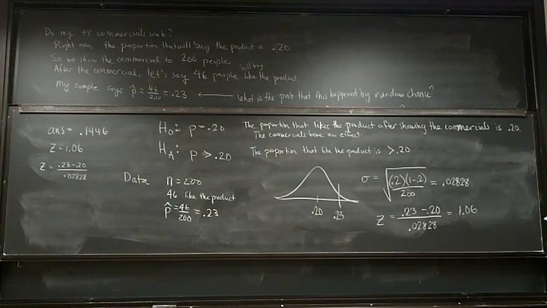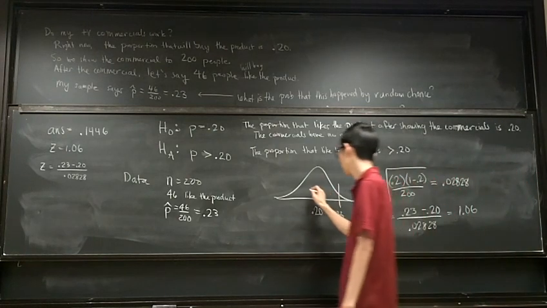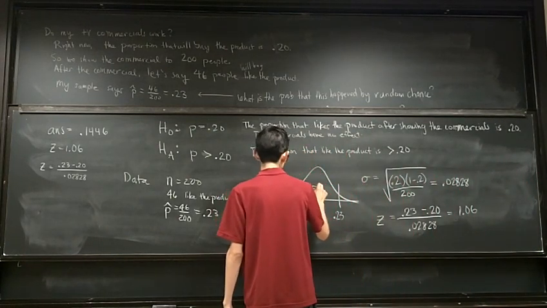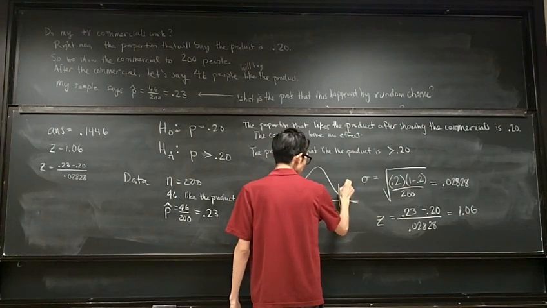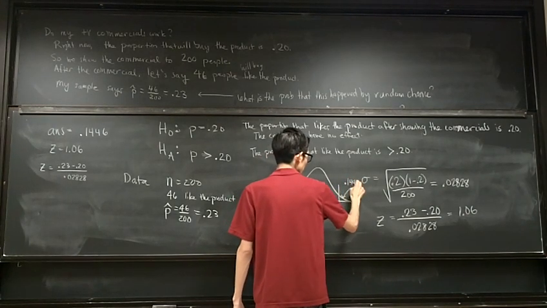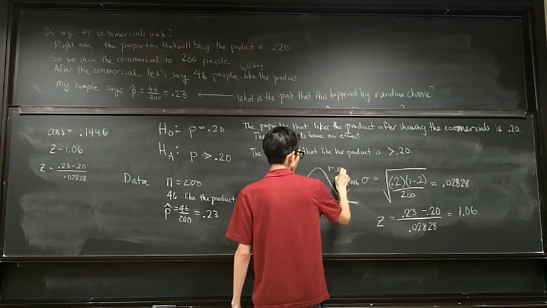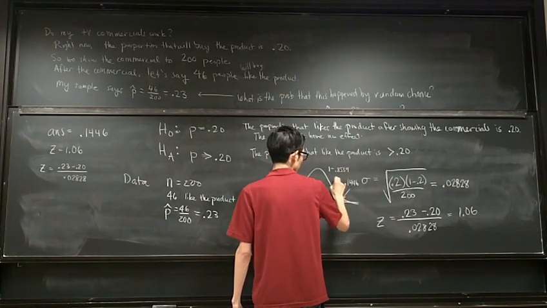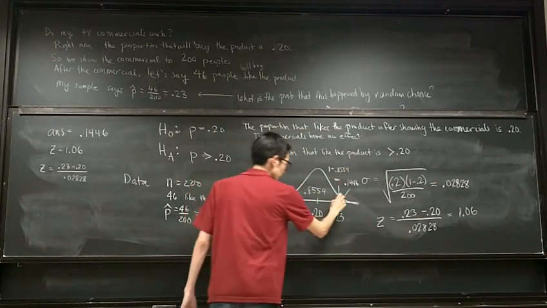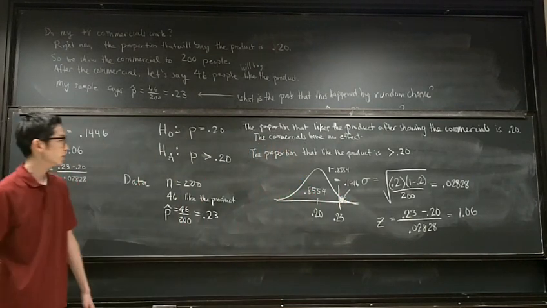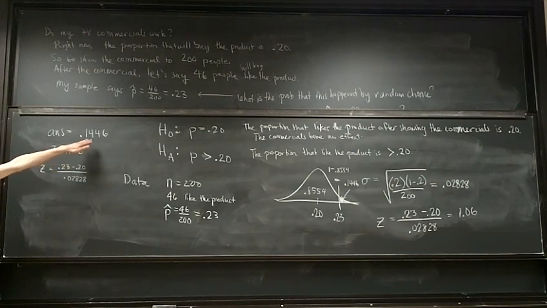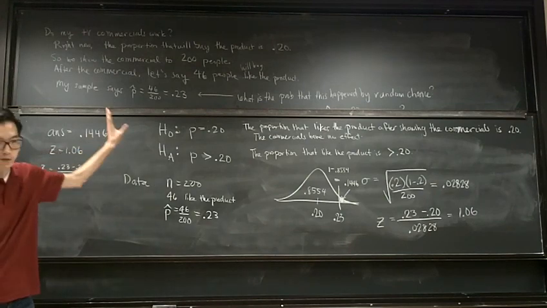I look up 1.06 in my table, and I get 0.8554, which means the area over here is 1 minus 0.8554, or 0.1446. So my answer is basically 14.5%.